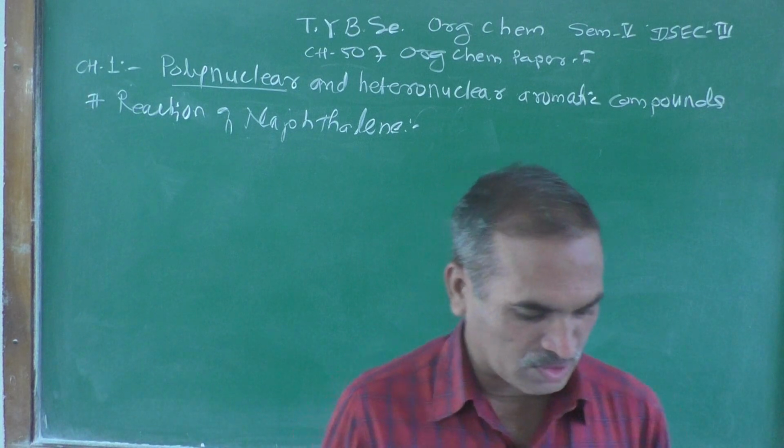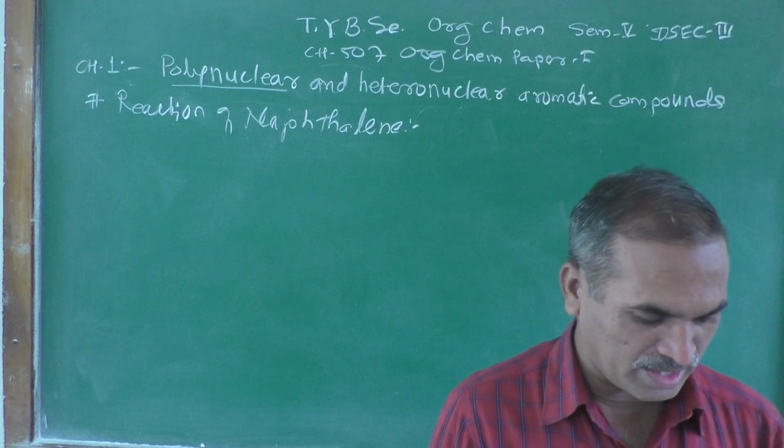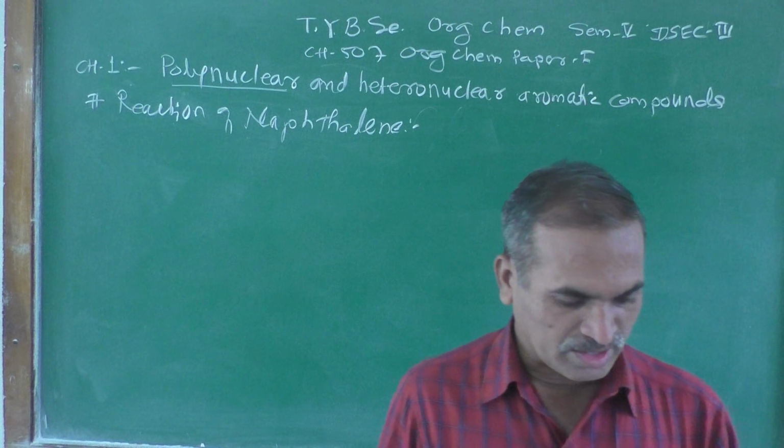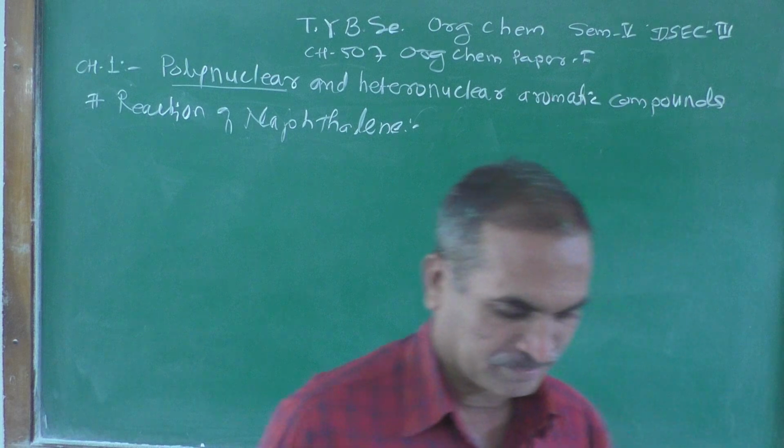Alpha naphthol can be obtained by hydrolysis of the corresponding amine.